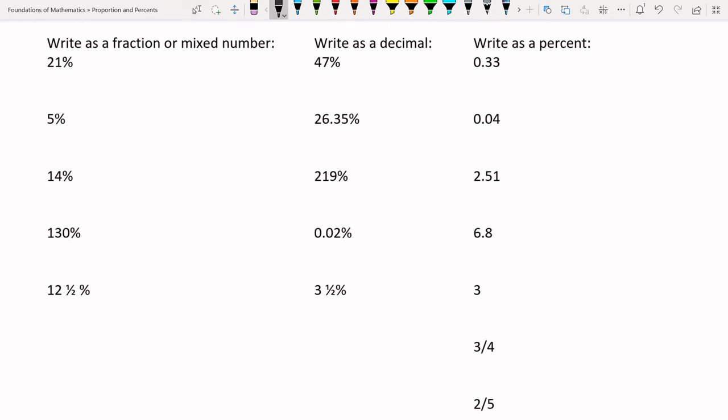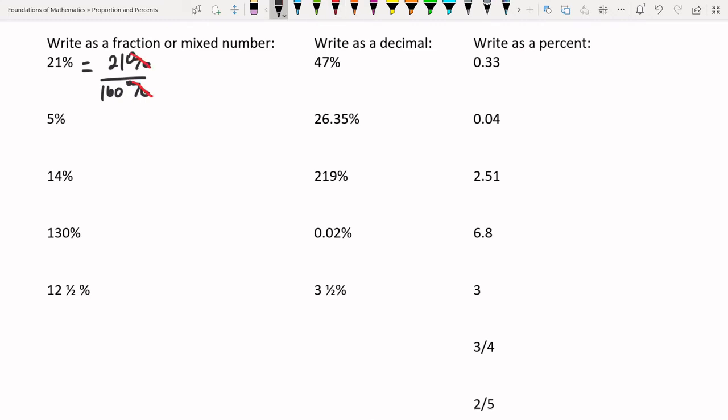To go from a percent to a fraction is actually quite simple. Going the other way requires multiple steps. So every single percent is out of 100. So we can think of this as 21% out of 100%. And you see that here the percents cancel.